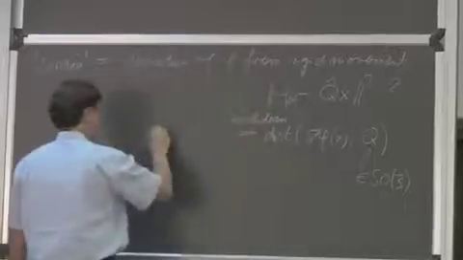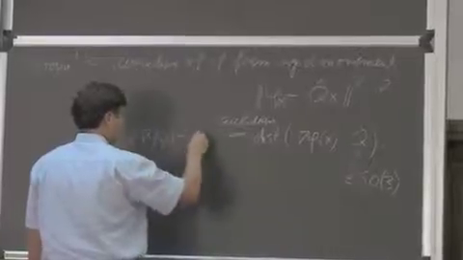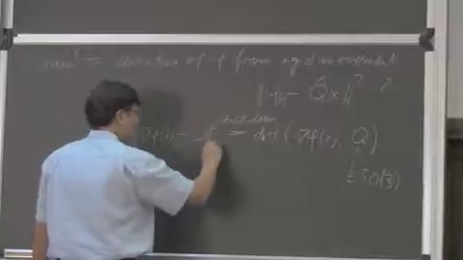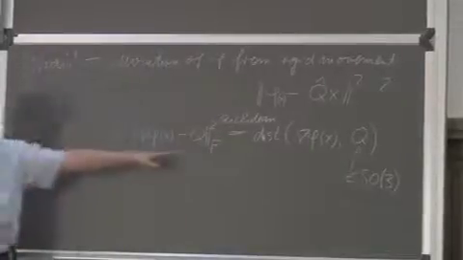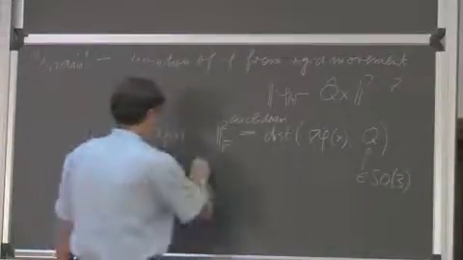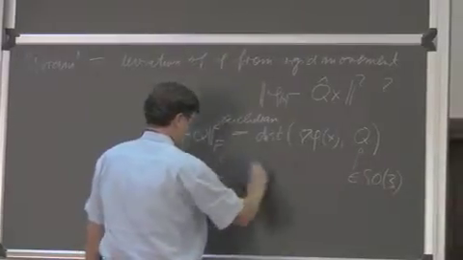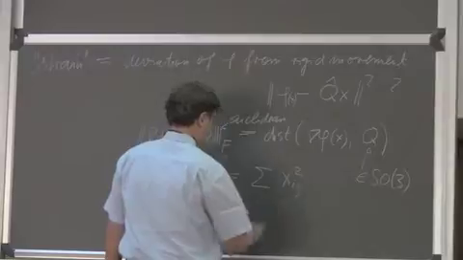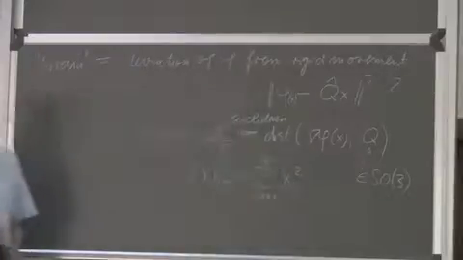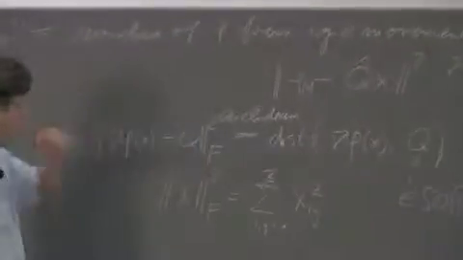I calculate this as the gradient of phi of x minus Q, and the distance on matrices is the Frobenius norm, which means you take all entries squared, and that's it. So this is a distance measure: you measure the gradient against the rotation.